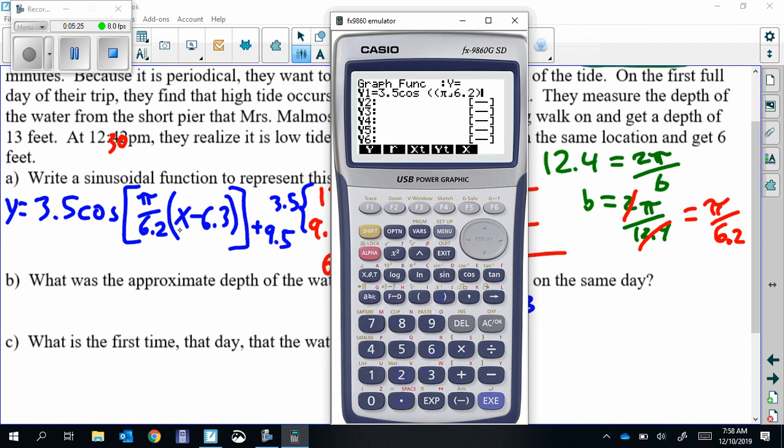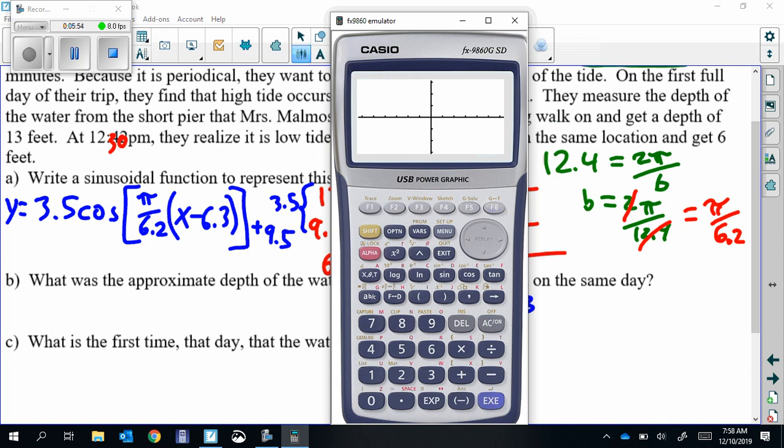And then another parentheses around our x minus 6.3. Close that one and close the entire parentheses that goes around the cosine function, plus the 9.5 at the end. So that second parenthesis is like our bracket right there. So there's our equation. We're going to draw it.